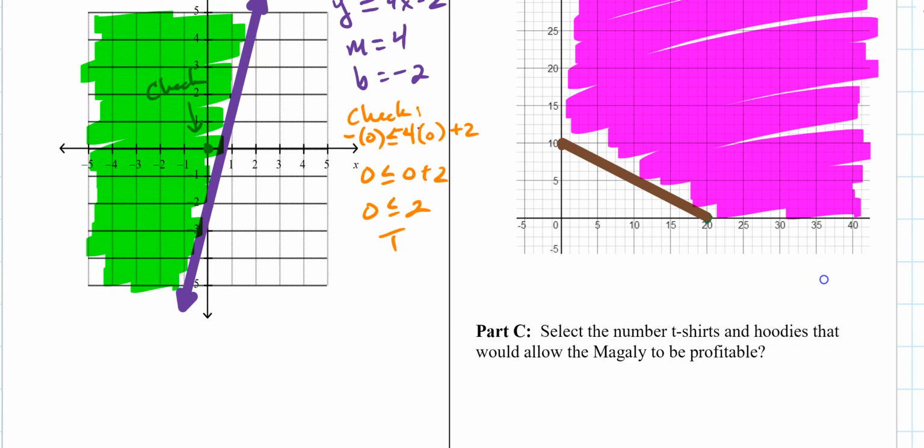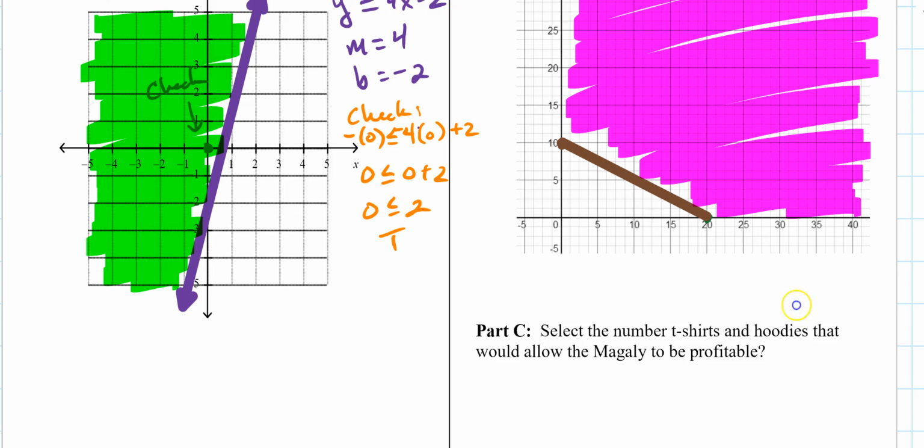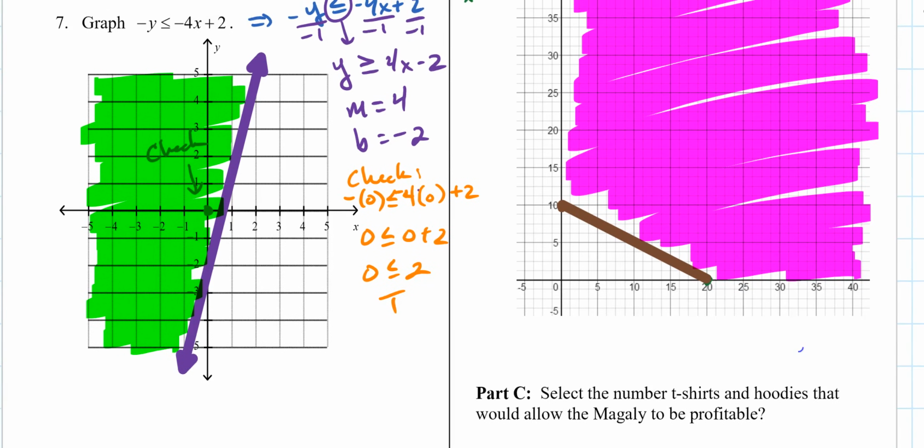And then part C says select the number of t-shirts and hoodies that would allow Magali to be profitable. So profitable means she makes a profit, means she reaches her goal. So basically anything in that shaded region would work. So I'm going to read the graph and say, well, if I sell 25 t-shirts and I sell 15 hoodies, that puts me somewhere over here, which is in the shaded part.